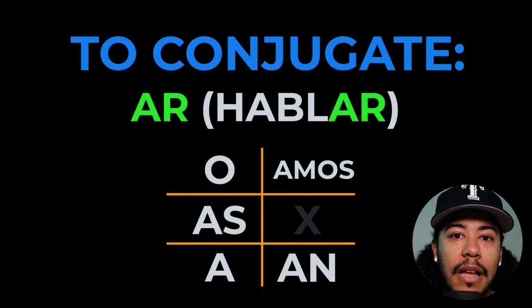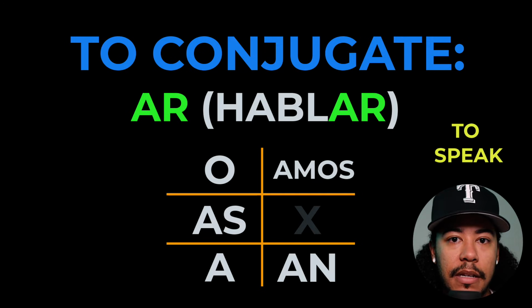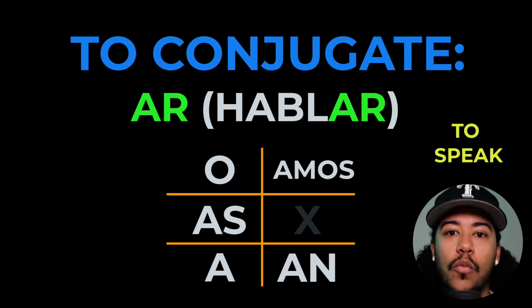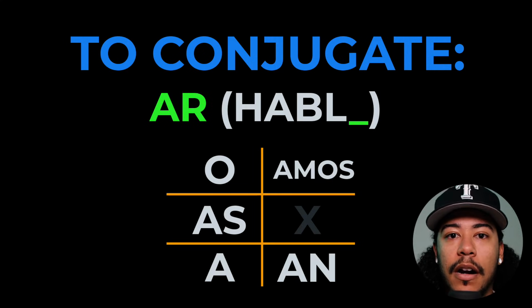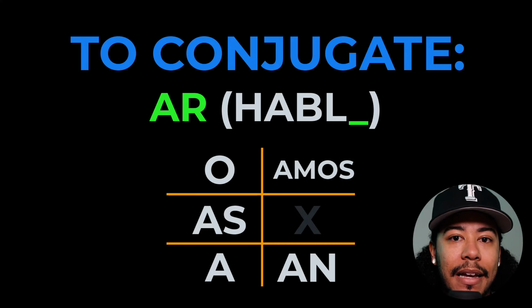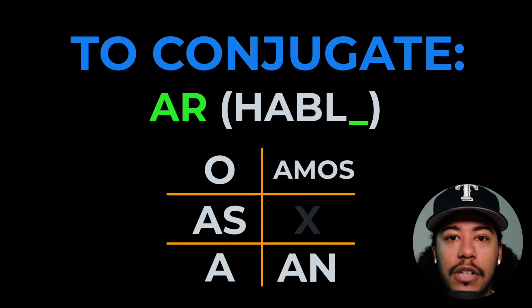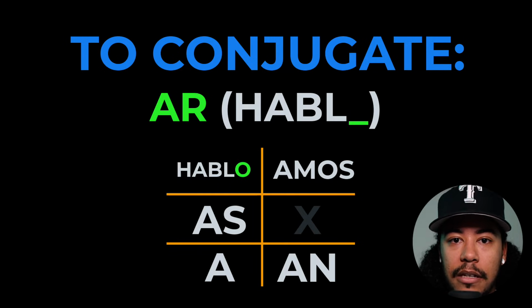Let's conjugate hablar as an example. Hablar means to speak. To make it say I speak, you speak, etc., we're going to conjugate it. So we're going to do this by removing the AR ending. So we've got habl, and then we're going to add one of the following endings depending on who we're talking about. Yo hablo, I speak.